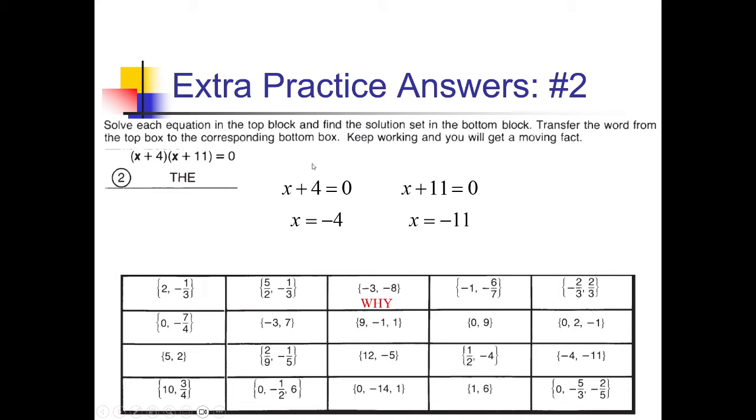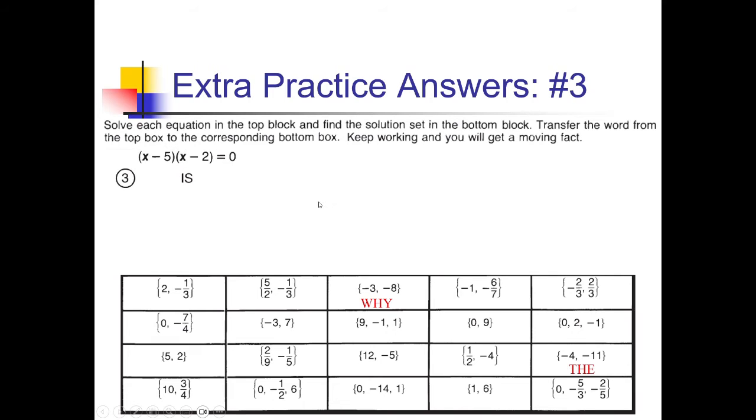So that's going to be the word the going down there. For number 3, I can set x minus 5 equal to 0 and also x minus 2. Adding 5 gives me 5 for a solution there, and adding 2 gives me a solution of x equals 2 for my other possibility. So 5 and 2. That's down here, so that's going to get the word is.